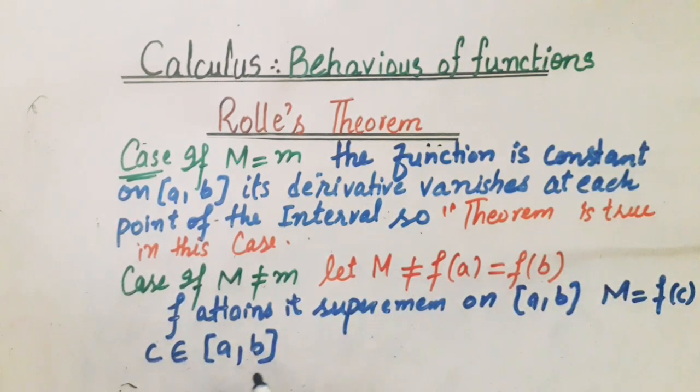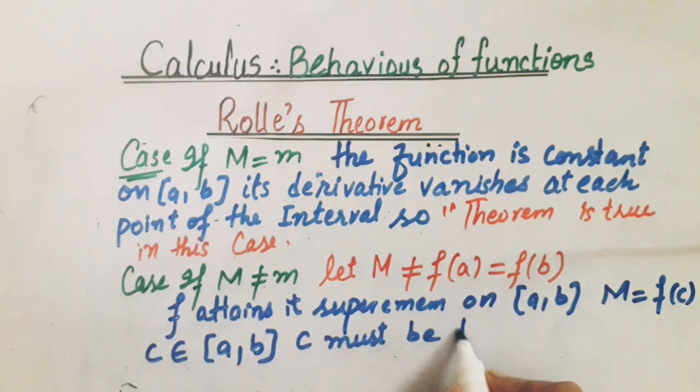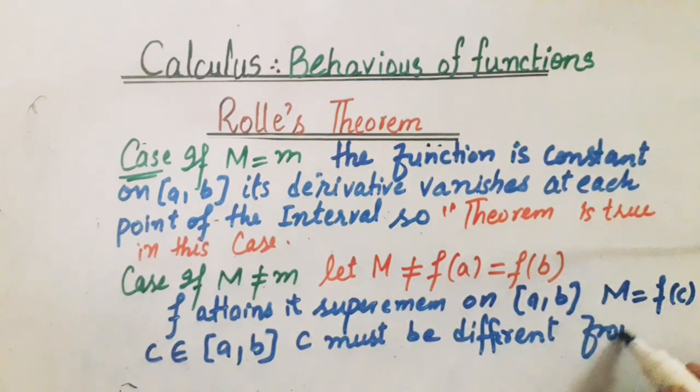Then, because M is not equal to f(b), we will see that c must be different from a and b.